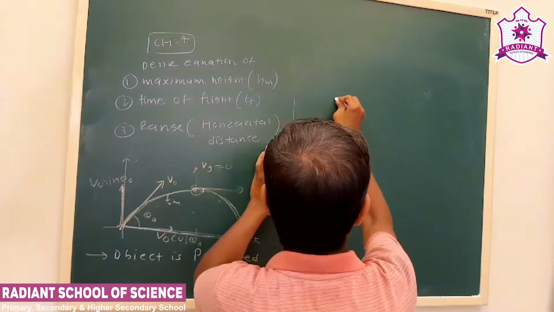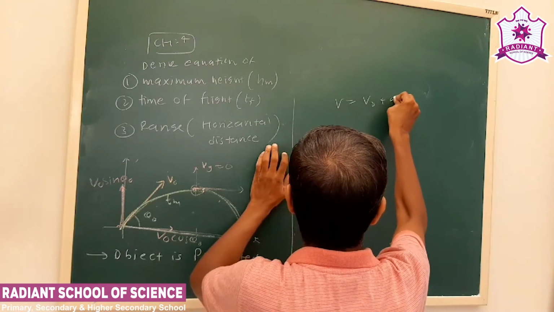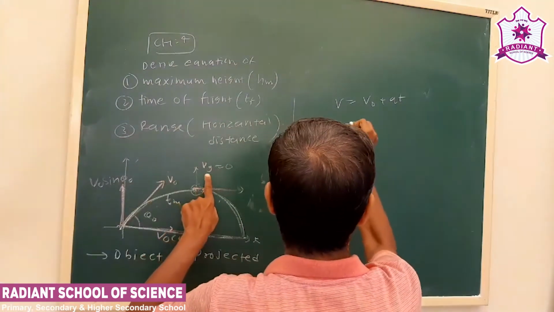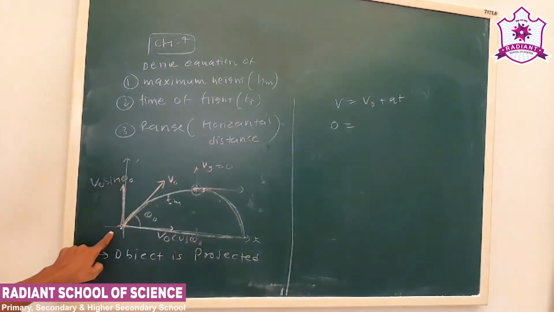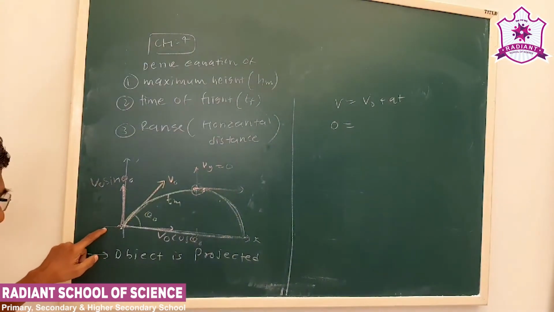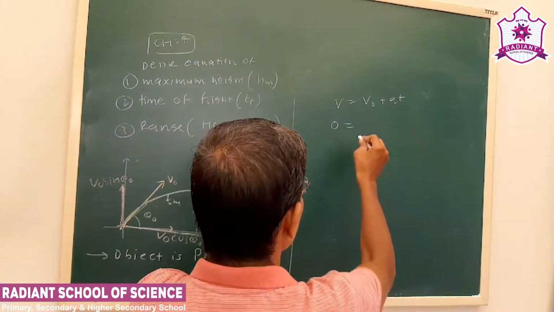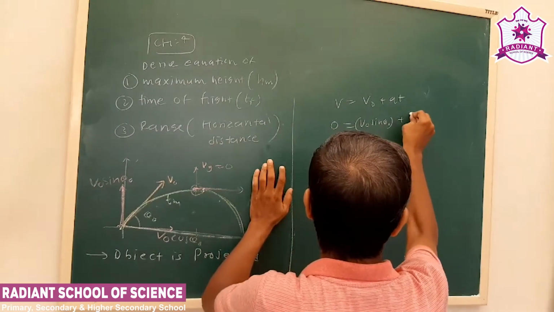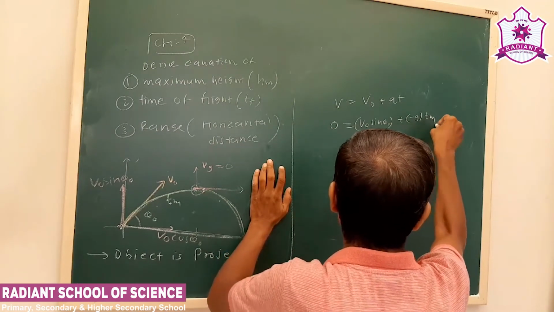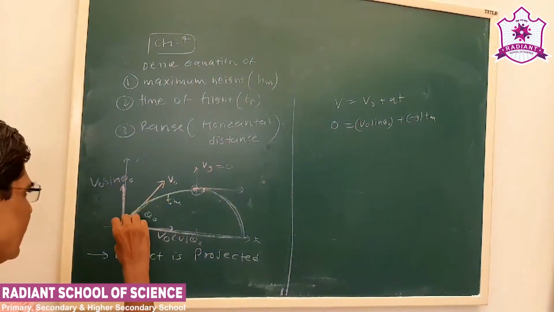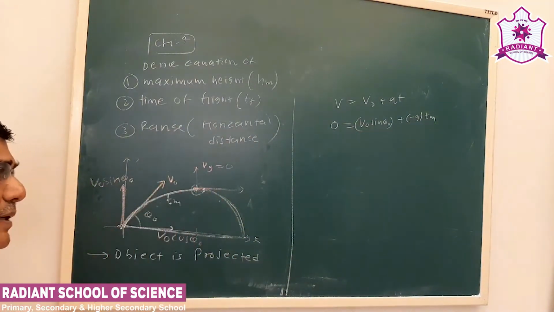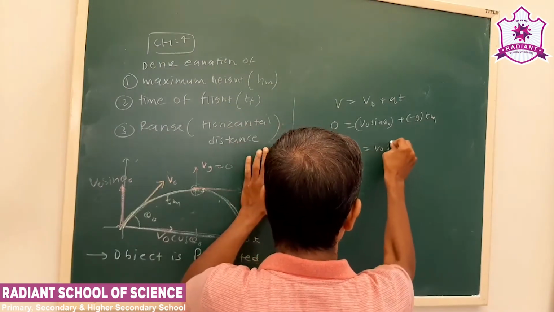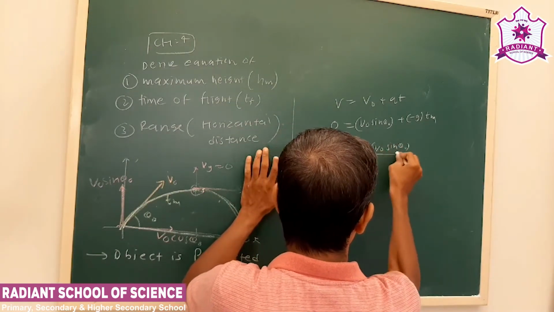Now see our equation, v is equal to v0 plus at. We have seen the y component of the velocity here is 0. The initial value of the y component of the velocity is v0 sin theta0. Acceleration is minus g and time is Tm. But this is the time to reach the maximum height. So Tm will be v0 sin theta0 upon g.